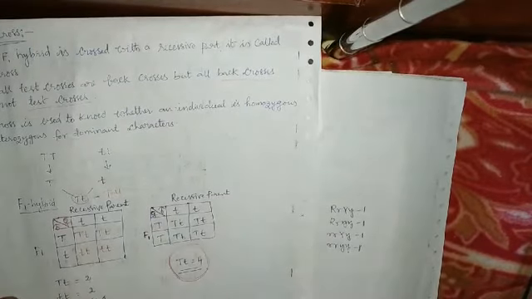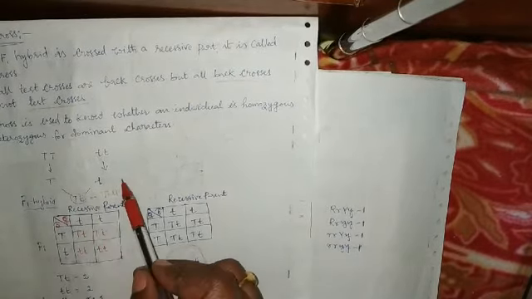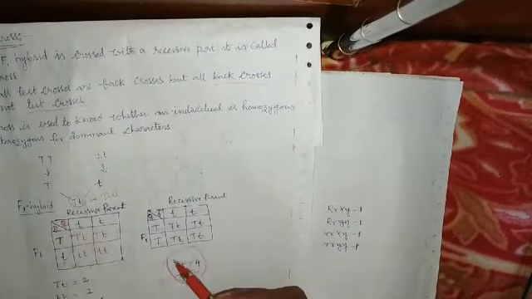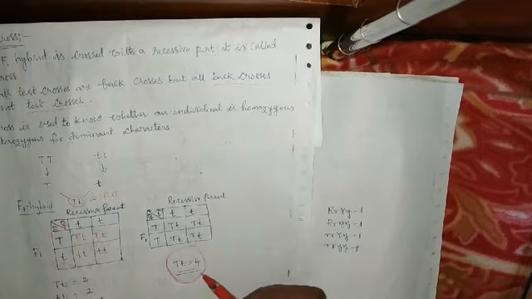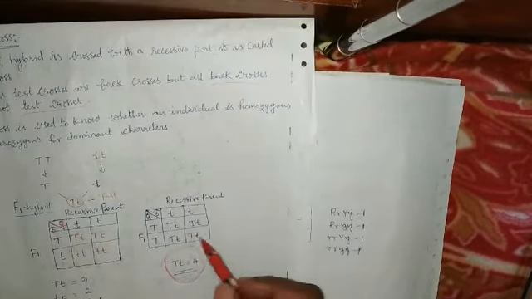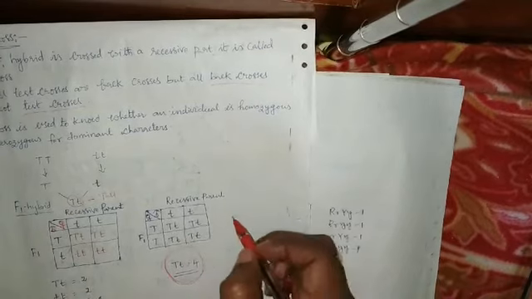If we get a test cross ratio of 1:1, then definitely it is a heterozygous tall. If in the test cross we get all tall plants, all dominant character, then definitely we can say it is a homozygous tall plant.